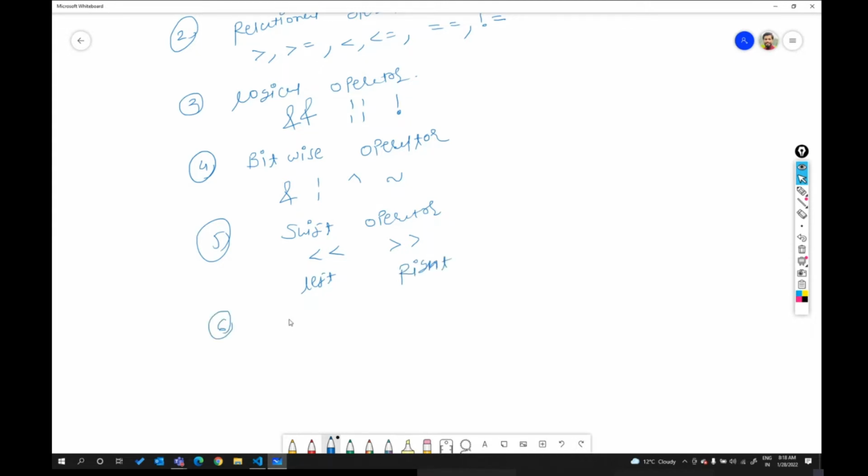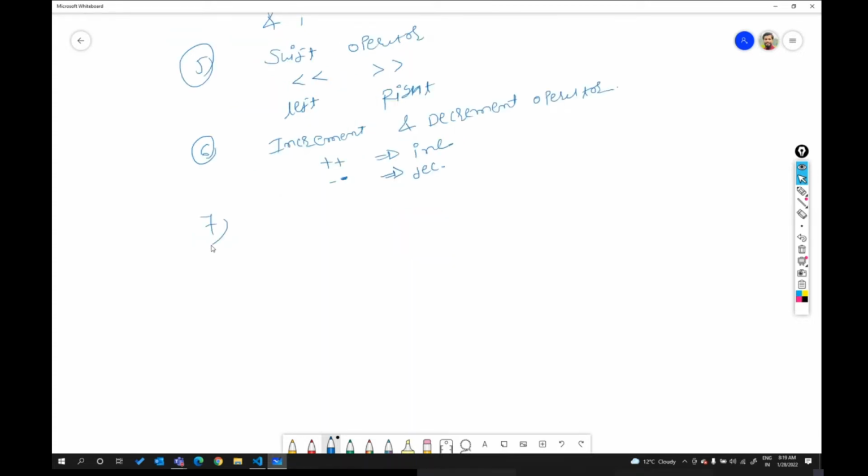Next one is the increment and decrement operator. So increment sign is plus plus and decrement sign is minus minus. Seventh is the assignment operator. Assignment we have already seen.